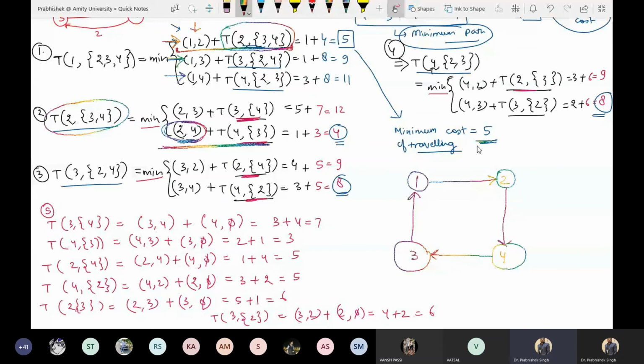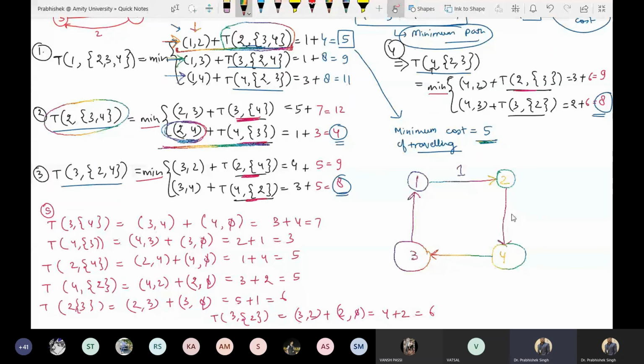After calculating the minimum path, you can also confirm your answer, whether the minimum traveling cost of 5 is correct or not. If you check the graph, if you have written it in your copies, the path from 1 to 2 is 1. The path from 2 to 4 is also 1.